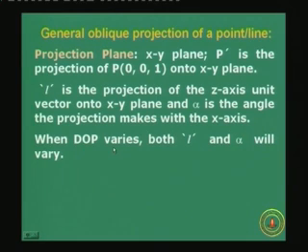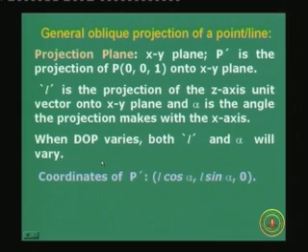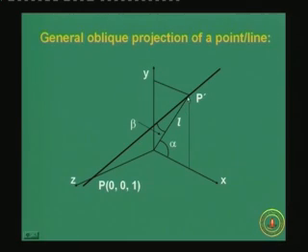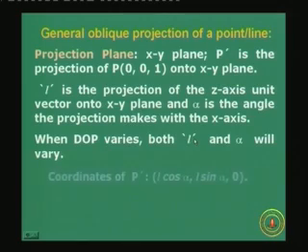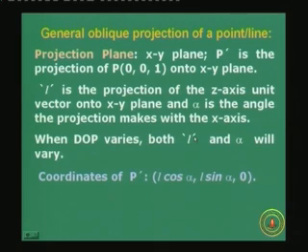So, when direction of projection varies, both L and alpha will vary, and the coordinates of P prime, the projection point of P on the xy plane or the projection plane, can be written as L cos alpha, L sin alpha, 0. That should be easy to derive. If you look at this figure, if this is L, and you take this right angle triangle with the hypotenuse as L and this is alpha, you will get the coordinates of P prime as L cos alpha, L sin alpha, and the z coordinate is 0.